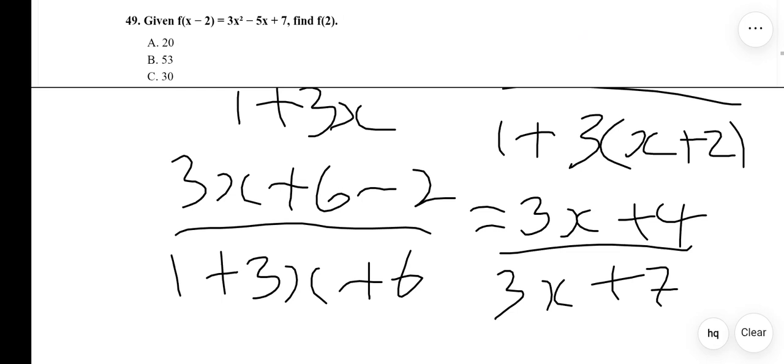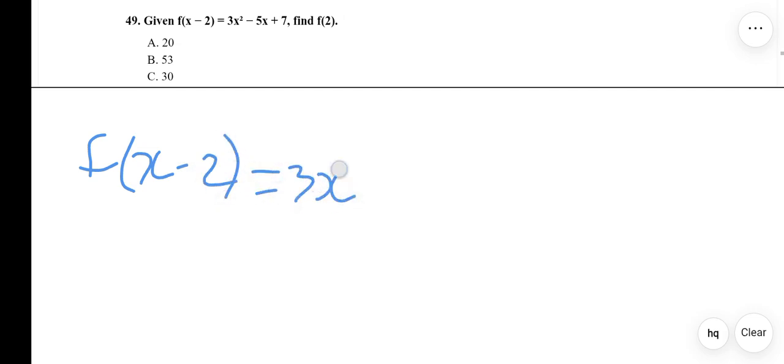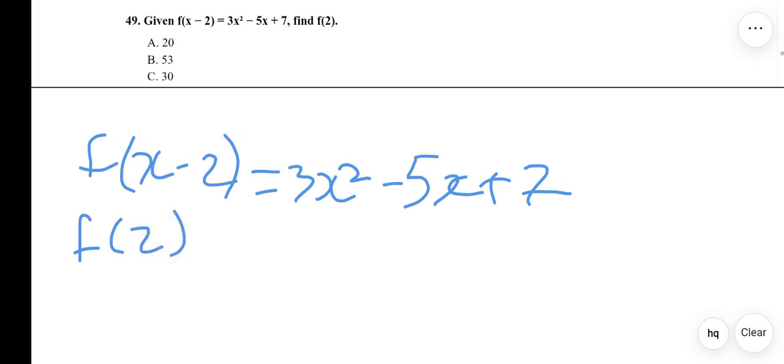For 49, I was asked that if my f of s minus 2 is this, when my input is s minus 2, my output is 3s squared minus 5s plus 7. So I was now asked to find my f of 2, when my input is 2. So if I want to get the same result, that means my input s minus 2 must be equal to my input here, which is 2.